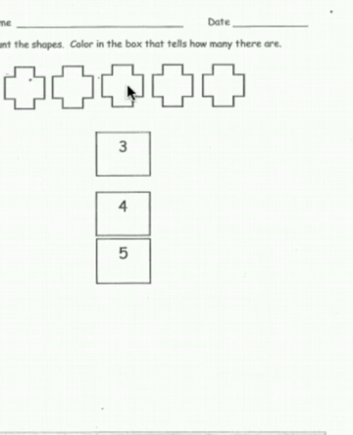So you're going to count these shapes and then you're going to color in the box that tells how many there are. So you're going to color one of these boxes that match how many there are up here. So you're going to color these, and after you finish coloring them, then you're going to decide which one of these match how many you have here.